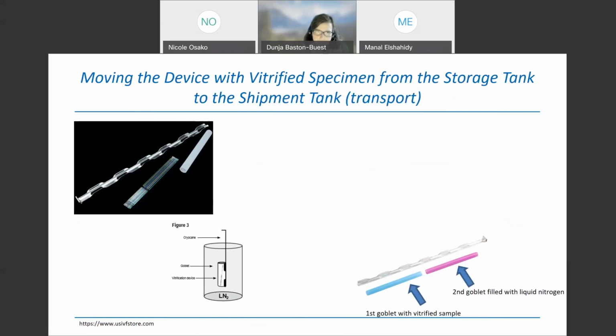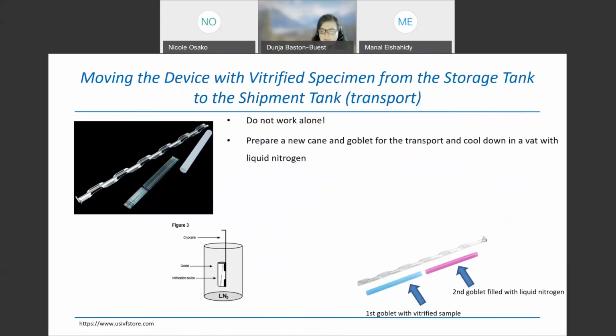So how do we perform the transport? Moving the device. Again, don't work alone. And we prepare a new cane, shown here, and a new goblet, and put them in the liquid nitrogen in order to cool them. Then we load the vitrified specimen that should be exported in the vat with the liquid nitrogen and in our first goblet here.